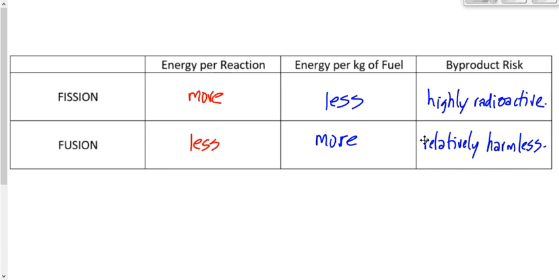So as much as the H-bomb would have killed more people instantly in Hiroshima than the atomic bomb did, than the fission bomb did, people could return to the area quicker after the detonation of a fusion bomb than they could after the detonation of a fission bomb. Does that make sense?